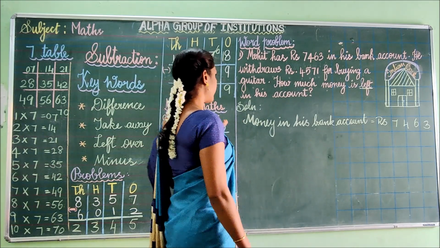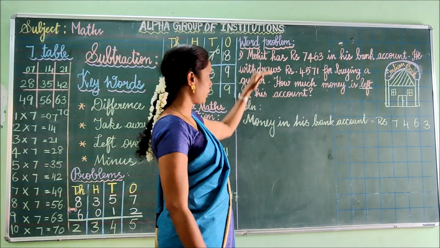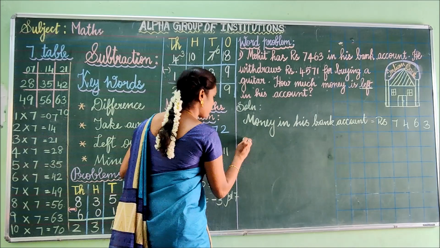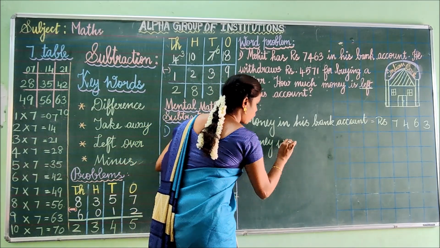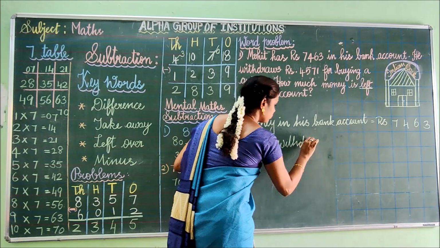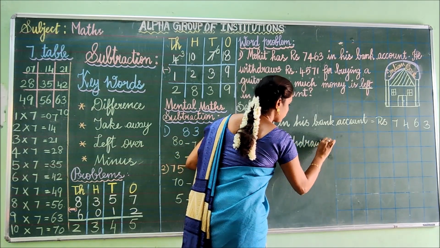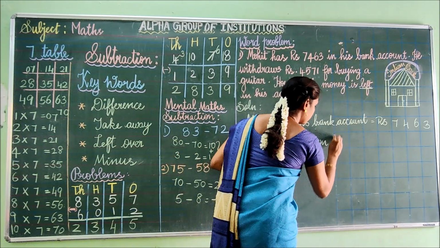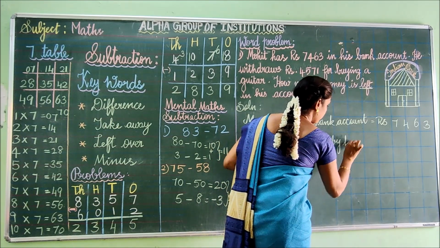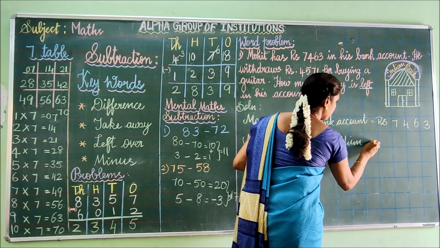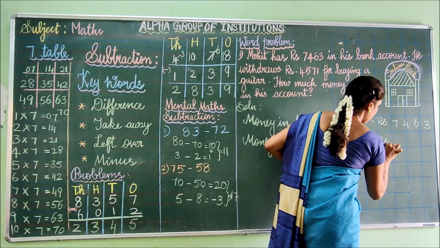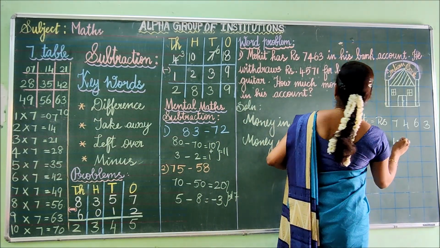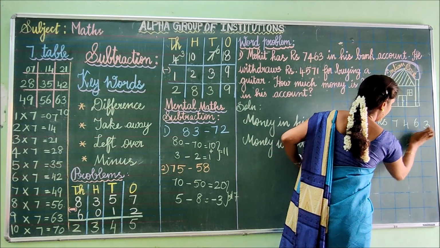Next one: money withdrawn by him. The spelling of withdraw is here. So you have to write money withdrawn by him. How much money did he withdraw? Rupees 4,571.